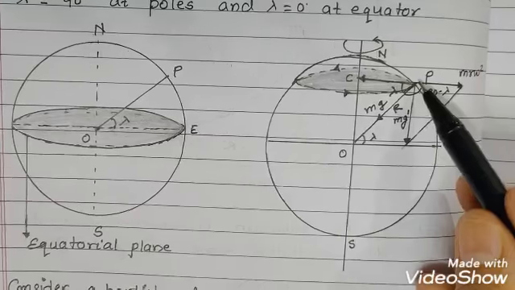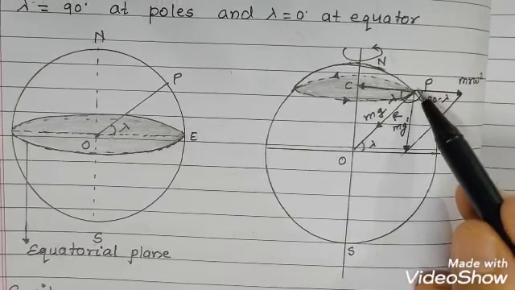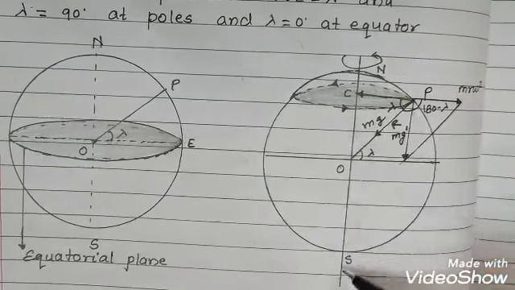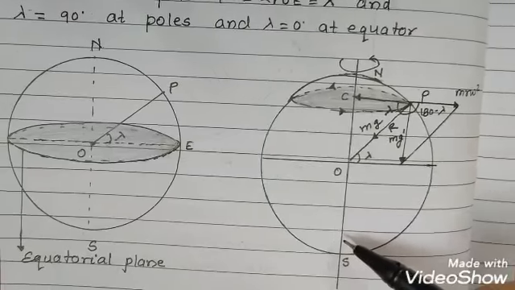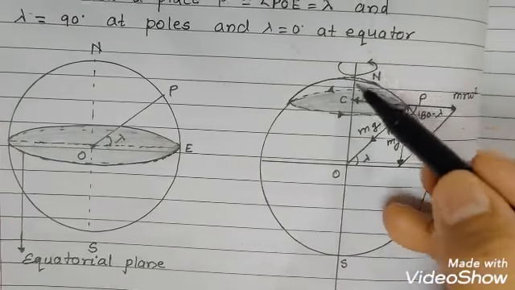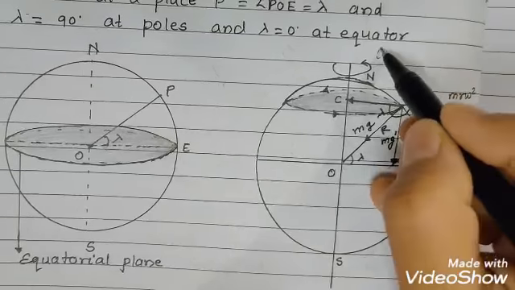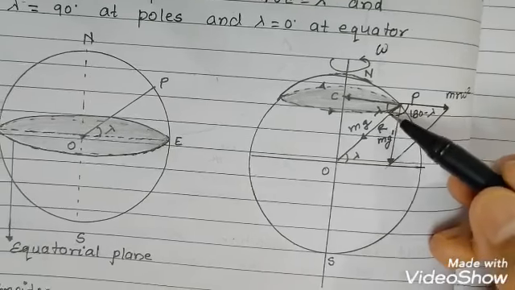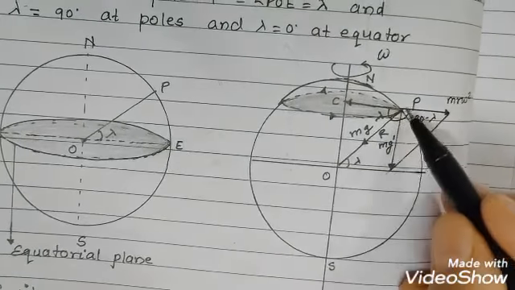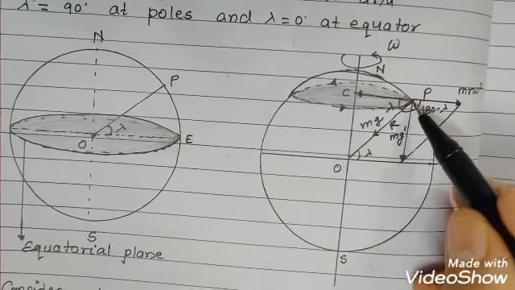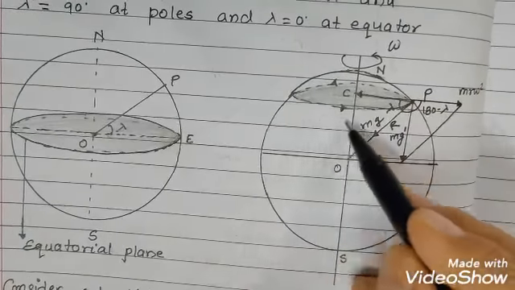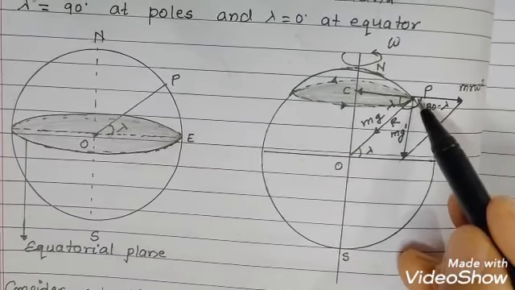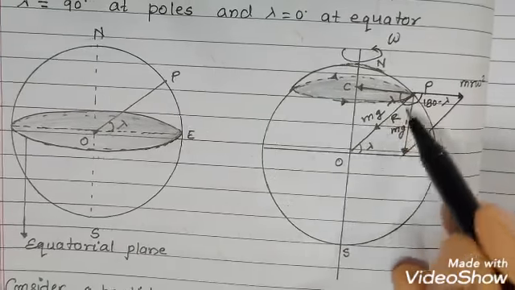Now the earth is rotating about its polar axis, north-south, with constant angular speed or angular velocity omega, say in this anti-clockwise direction, so omega is positive here. Then the particle at P also rotates and describes a horizontal circle. You can see that this is the circle.